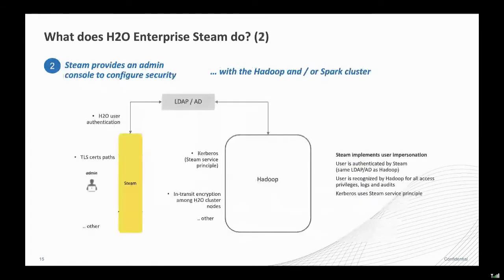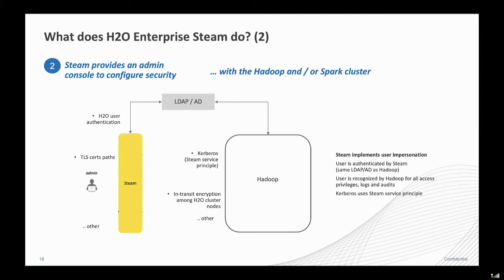The other one is that there's a lot of security that goes with running H2O on Hadoop that doesn't really have to do with individual users and their resource consumption, but just fundamental security implementation. So the admin has the ability to configure Steam and deal with all of those security concerns.